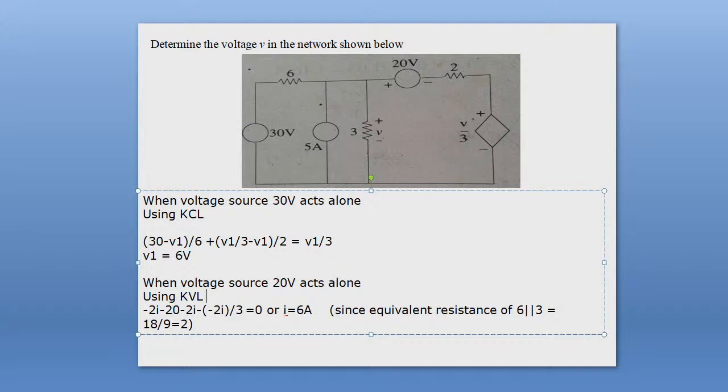Here we have considered, you write in the bracket, I current flows through this circuit in clockwise direction.